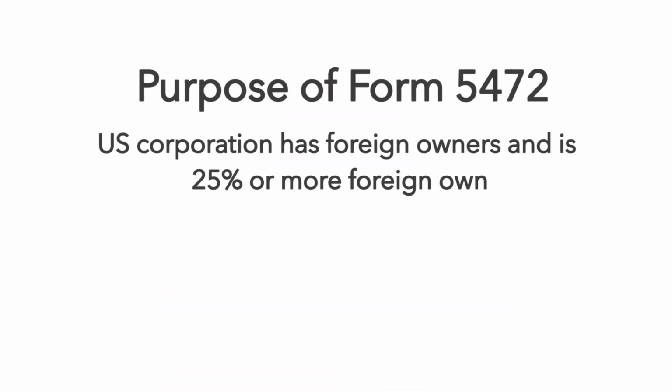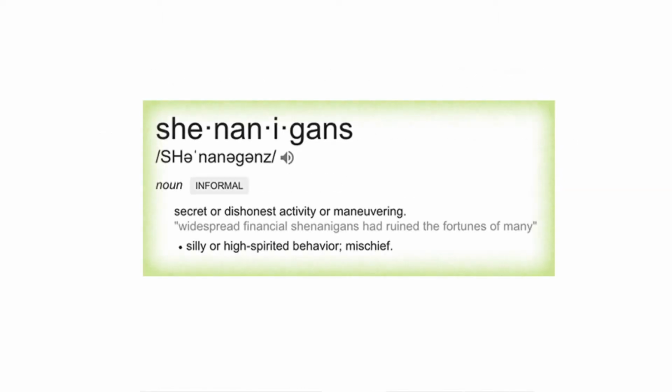So it's really this. What is the purpose of Form 5472? If your U.S. corporation has foreign owners, 25% or more, do you not see how it's possible to engage in kind of shenanigans, right? To claim now your revenue of your U.S. corporation was really revenue of a related foreign company, thus reducing U.S. taxes.